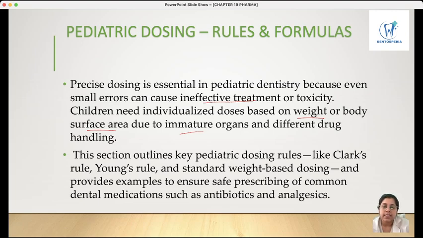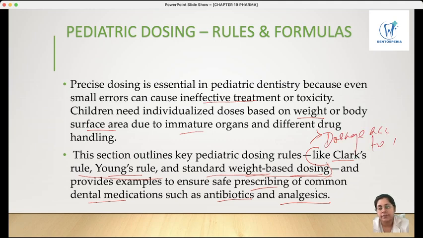This section outlines the key pediatric dose rules like Clark's rule, Young's rule, and standard weight-based dosing, and provides examples to ensure safe prescribing of common dental medications such as antibiotics and analgesics. So basically, these three are the rules and the formulas by which we prescribe dosage according to the weight of the child. So we use these formulas in calculating the dosage for a particular child.